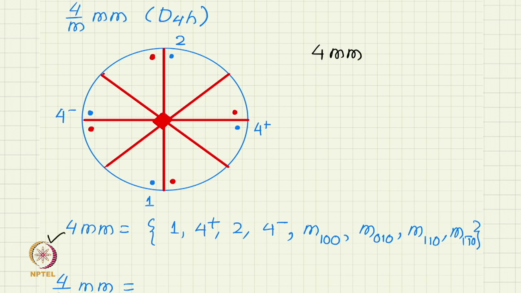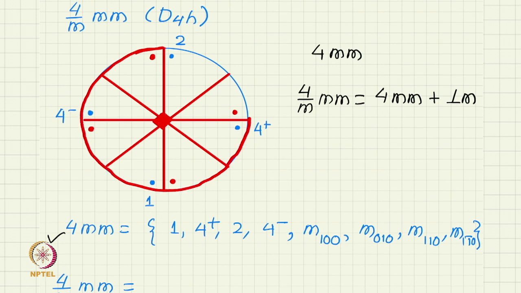So which already has 8 operations here, and 4 by MMM can be thought of as 4 mm plus a perpendicular M. So 4 mm already has vertical mirrors, we want to put a horizontal mirror as well. So by now it should not come as a surprise to you that as soon as you put the horizontal mirror, you will double the size of the group.